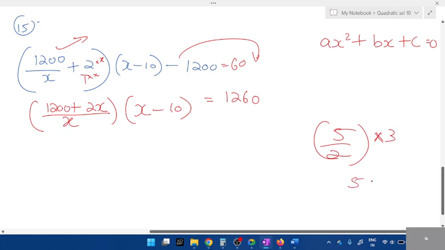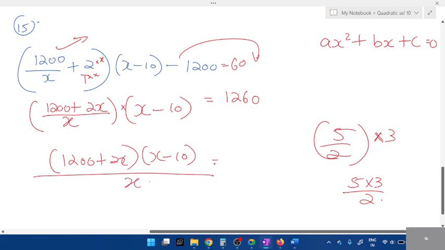You can write it, when you open the bracket, you can write it like this. In the same way, this x is common to both, right? Isn't it common to both? So you can write 1200 plus 2x multiplied by x minus 10 divided by x is equal to 1260.